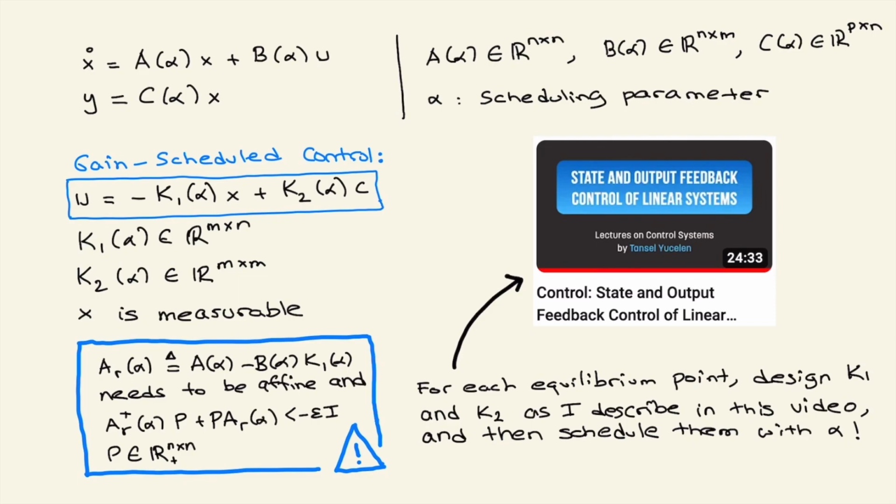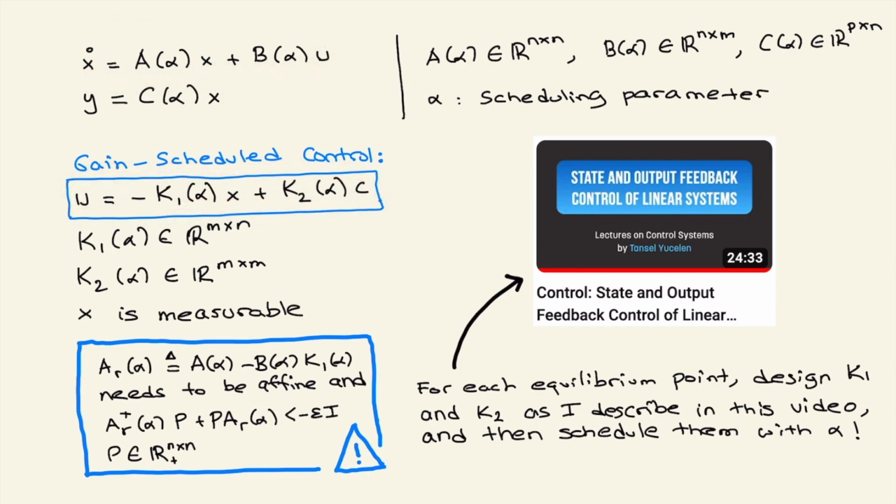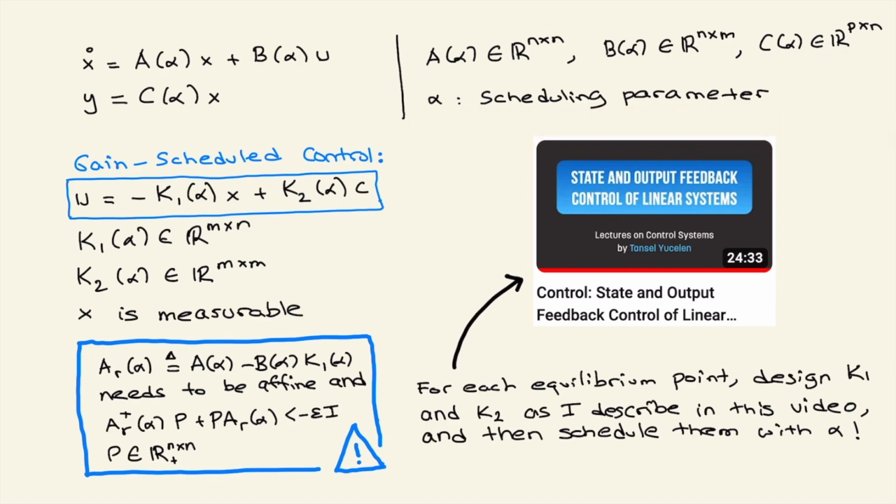Before I move forward, I would like to mention one critical thing about stability of the closed loop system. When you insert this control signal into this system, you obtain the closed loop system. So when you write the closed loop system, it will be x dot equals A alpha minus B alpha K1 alpha x plus B alpha K2 alpha c. c is the command to track.